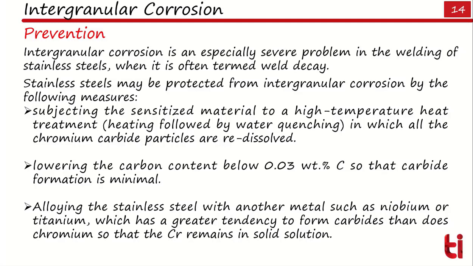So now there will be a competition between chromium and niobium or titanium, and since niobium and titanium have greater tendency to form carbides, they will form carbides, keep the uniform deposition of chromium throughout the steel, and do not impact negatively on the mechanical characteristic of the steel.